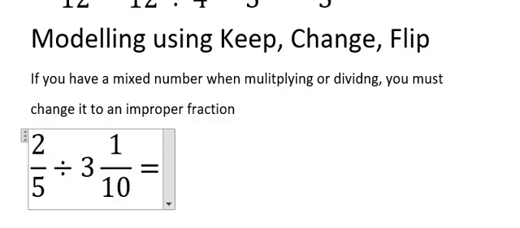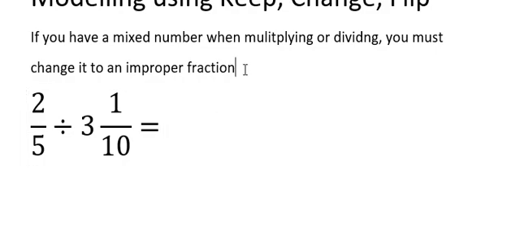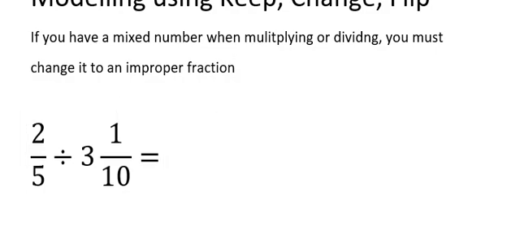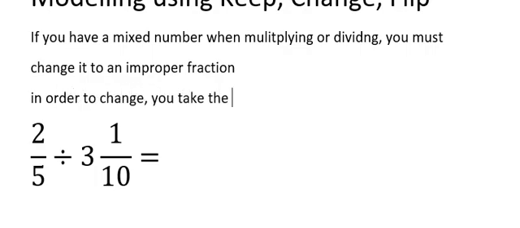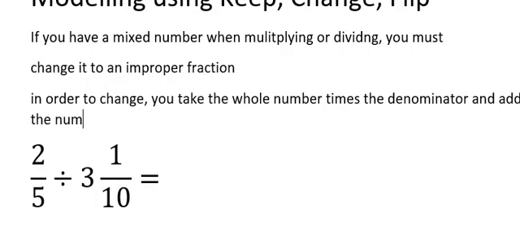So in order to change it from a mixed number to an improper fraction, you take the whole number times the denominator and add the numerator.